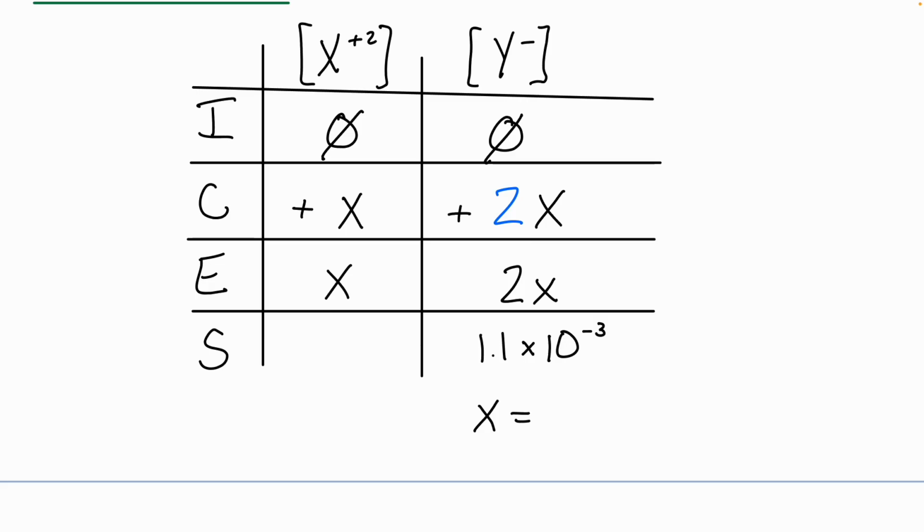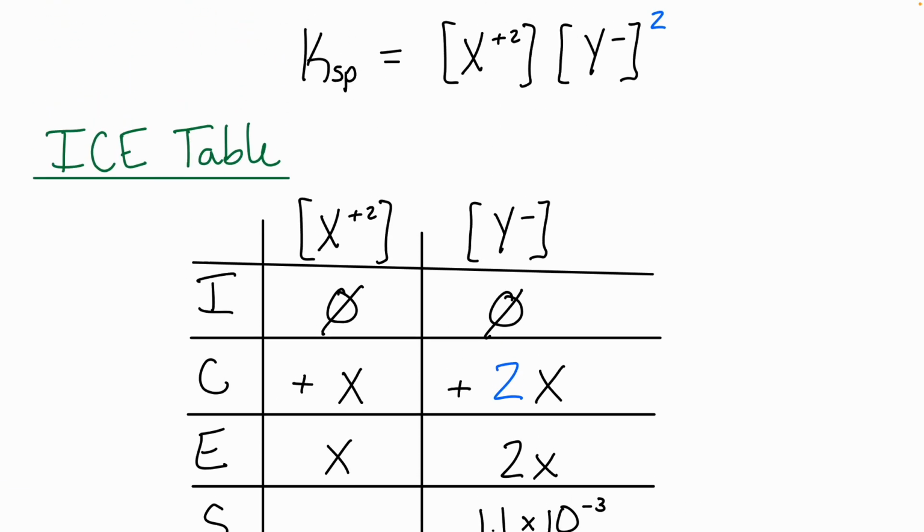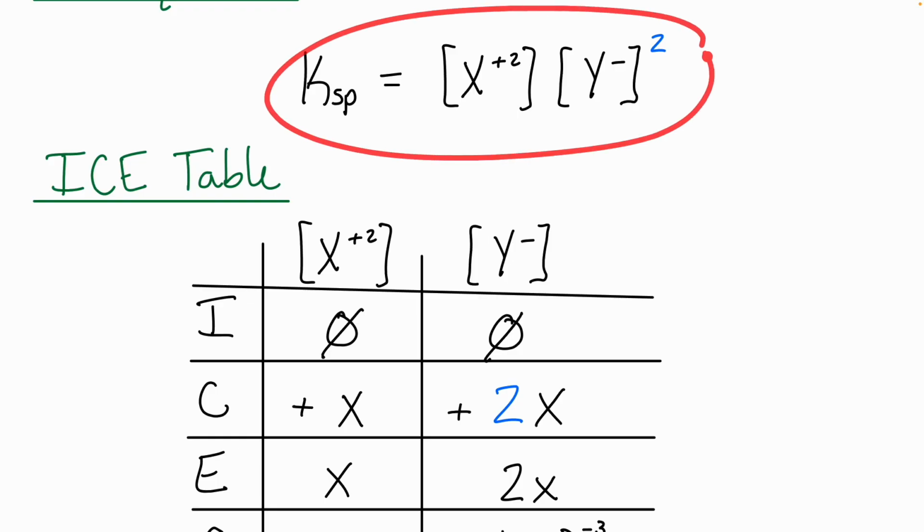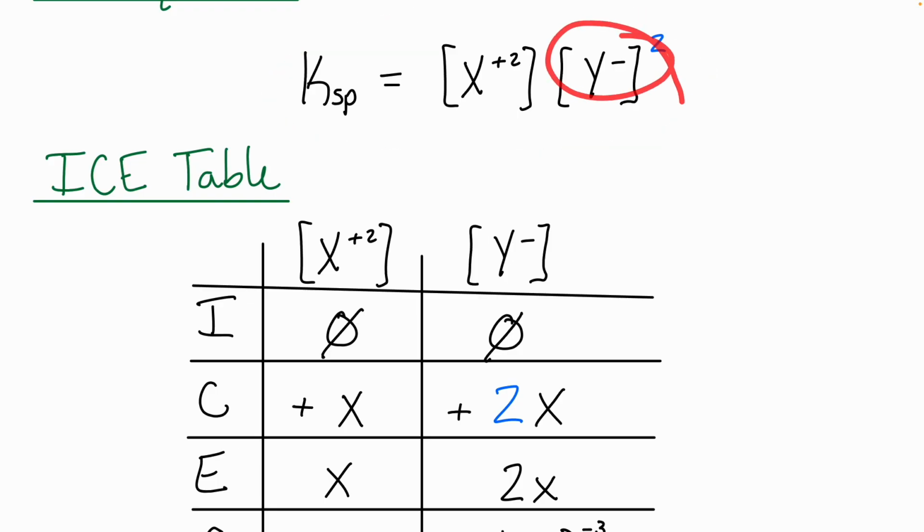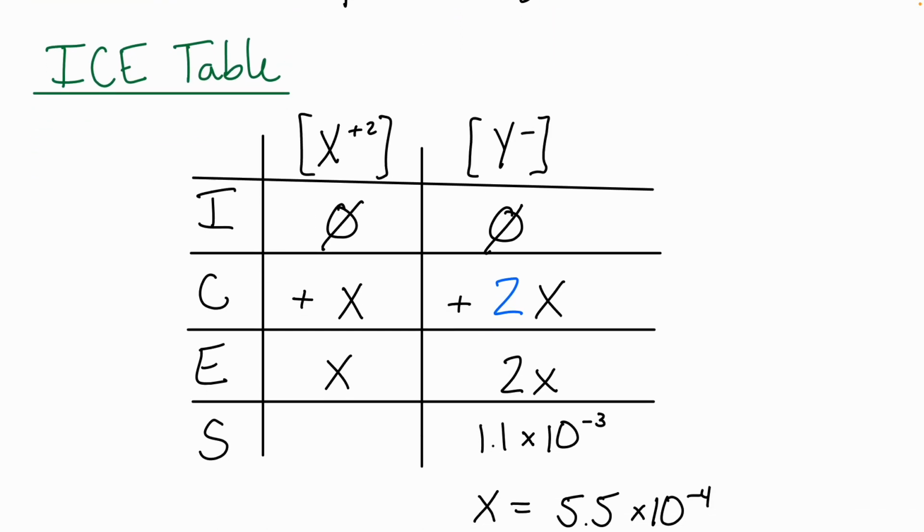That implies that x has to be 1.1 times 10 to the -3 divided by 2, or what is that, 5.5 times 10 to the -4. When I go back and use this expression here, I haven't plugged anything into this yet. But when I do plug it in, I will absolutely have to make sure to square it.